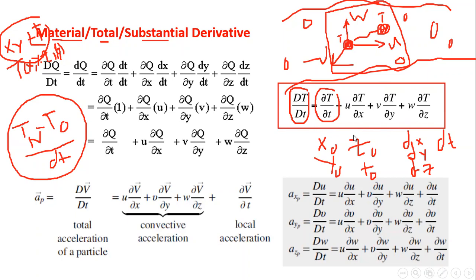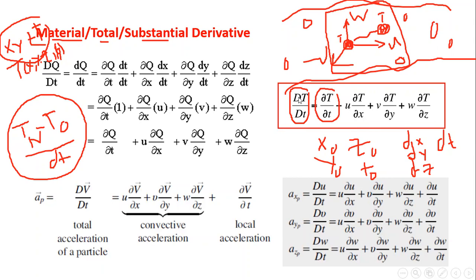So overall, when you want to find the total temperature change with time, you calculate its derivative with respect to time and with respect to the space coordinates. And regarding these components, you multiply each of these derivatives with the respective velocity component.